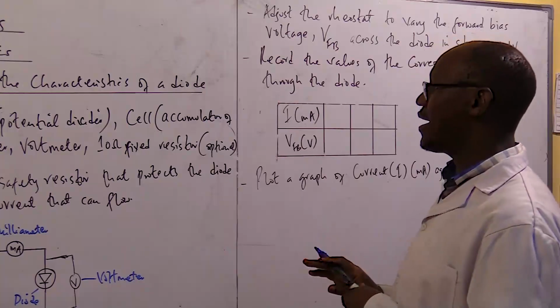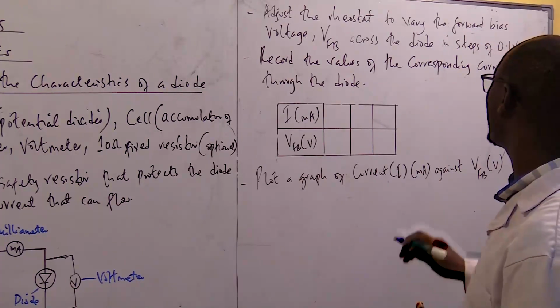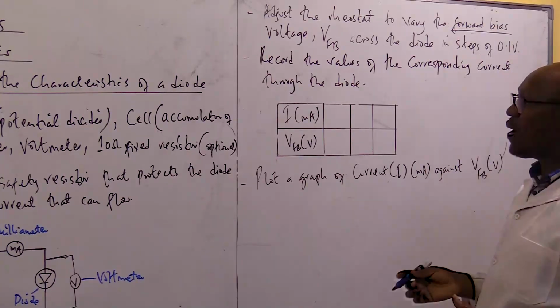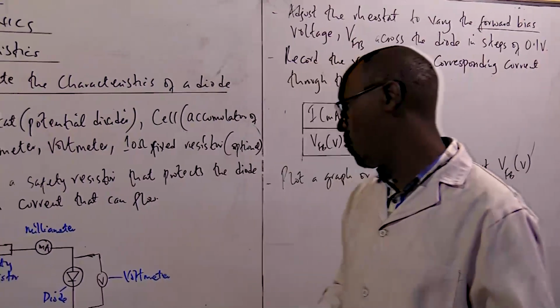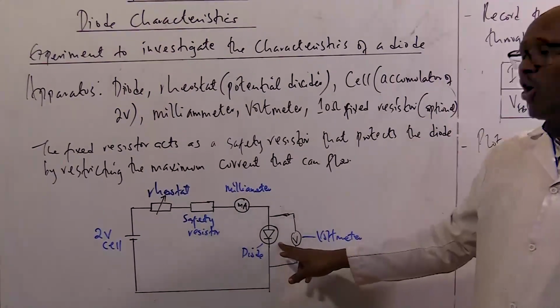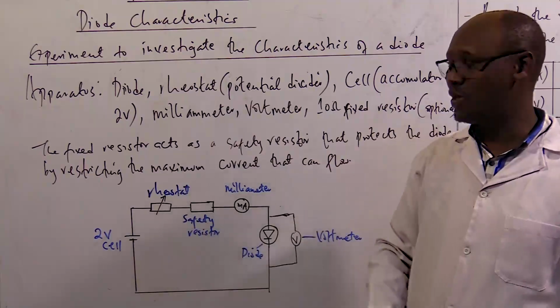So that will be the side on forward biasing. So remember, this is forward bias. Then we want to interchange or reverse our diode, or we can also reverse our cell. One of those will do.